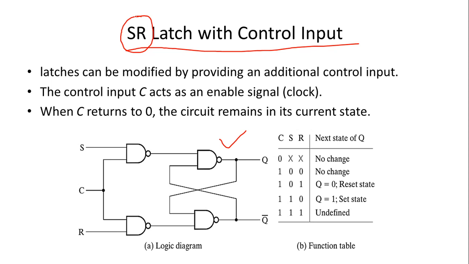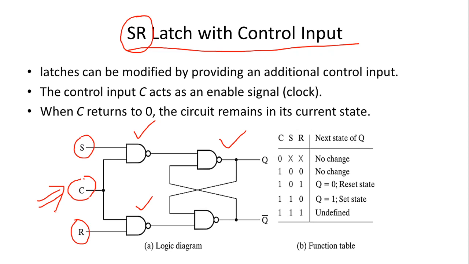The control input C acts as an enable signal or clock. So here we attach two additional NAND gates to the set and reset inputs, and the second input of these additional NAND gates is a control signal or clock.